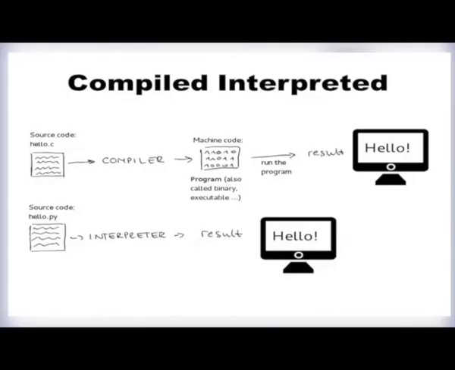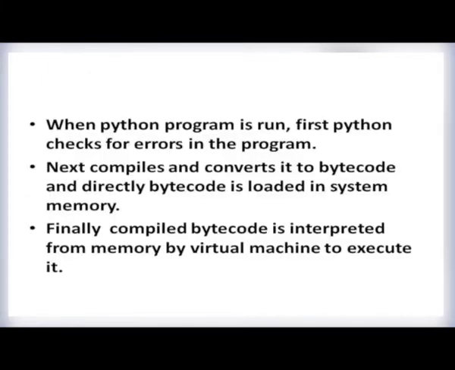Now, coming to Python, it is a bit strange in terms of compilation. Remember this word, Python is a compiled interpreted language. When a Python program is run, first Python checks for errors in the program. Next, it compiles and converts it to bytecode, and the bytecode is directly loaded in system memory.